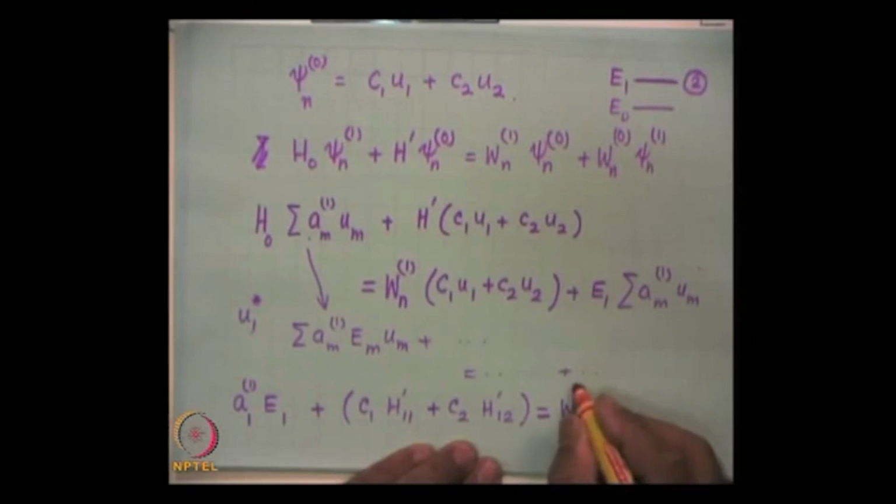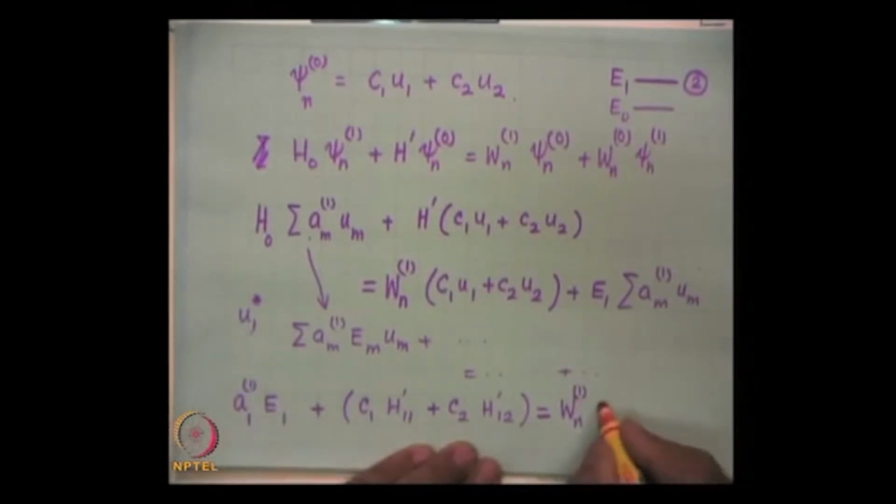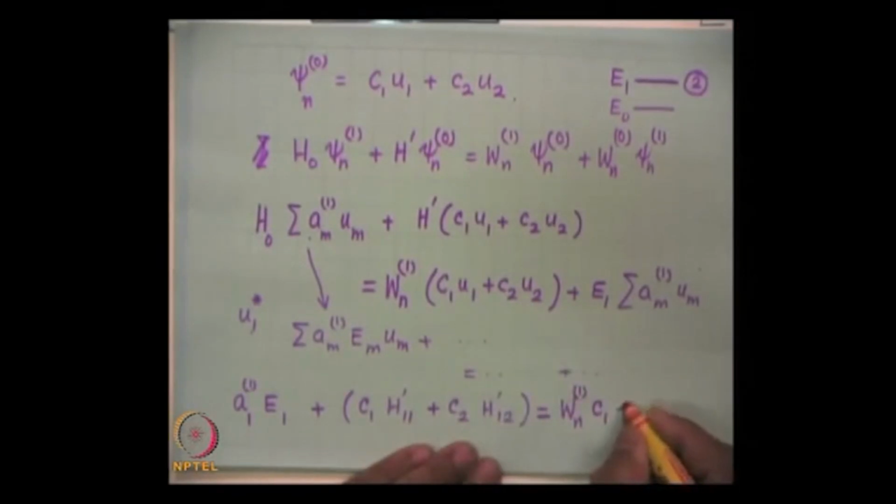I am multiplying by U1 star, so this is just C1, and this will be 0, U1 star U2 will be 0, plus E1 A11.